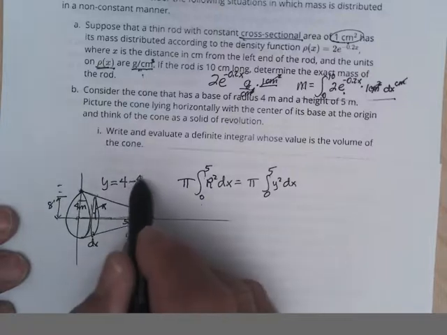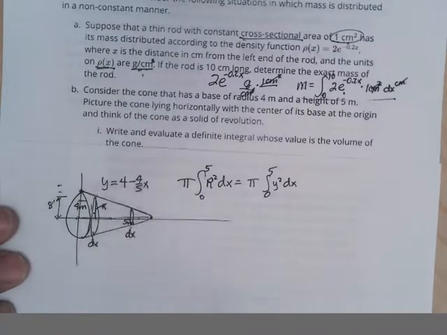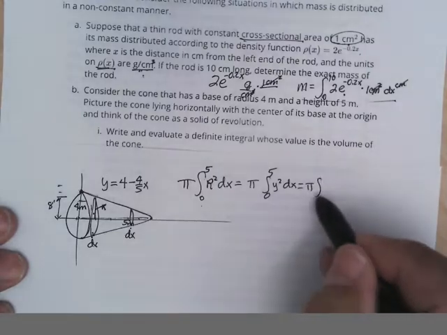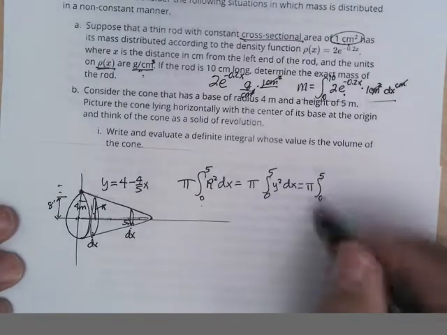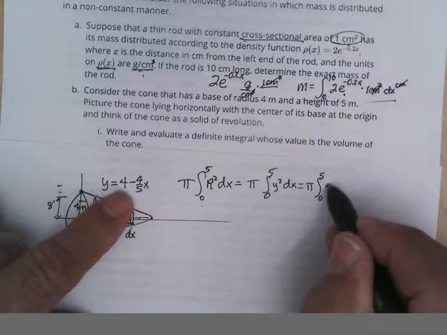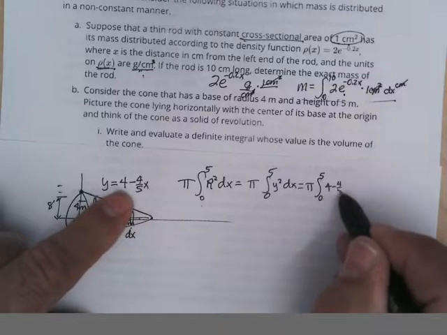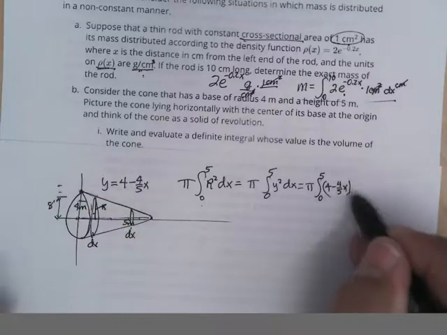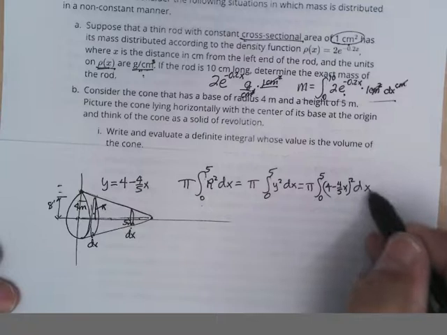So minus 4/5 x. And so this would become pi integral from 0 to 5 of 4 minus 4/5 x, that's the y, the radius, squared dx.